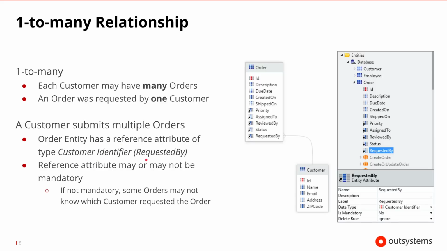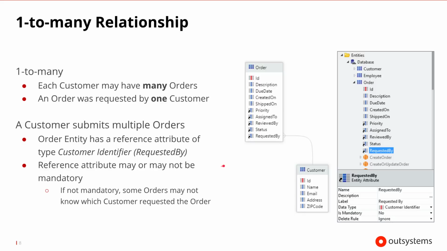And in this case, we create a requested by attribute, and we set that to the customer identifier. So the reference attribute may or may not be mandatory, but if we don't make it mandatory, then some orders may not actually save which customer made them, and that might create an integrity issue like we mentioned before.